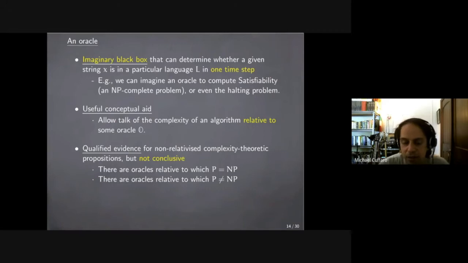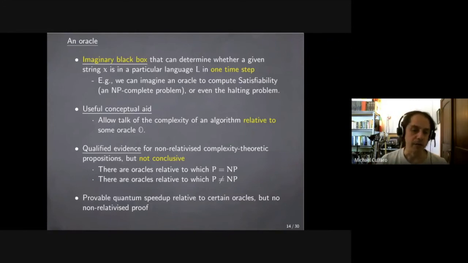A really jarring illustration of how oracles can cease to be useful is the fact that there exist oracles relative to which P is equal to NP, and there exist other oracles relative to which P is not equal to NP. So oracle analysis doesn't seem useful for the purposes of actually answering this basic question of complexity theory. But nevertheless, one can talk about algorithms relativized to oracles in very useful ways. Just one needs to take them with a grain of salt.